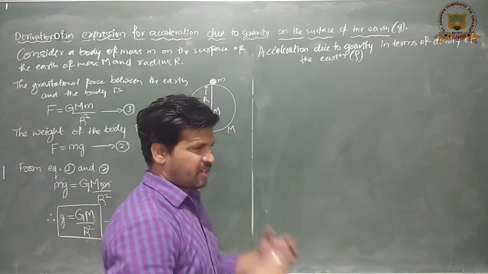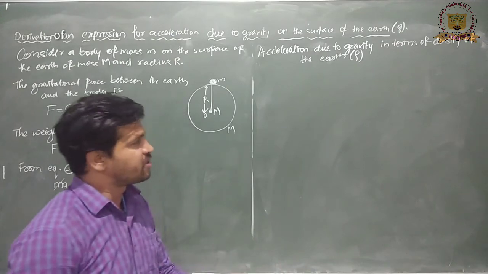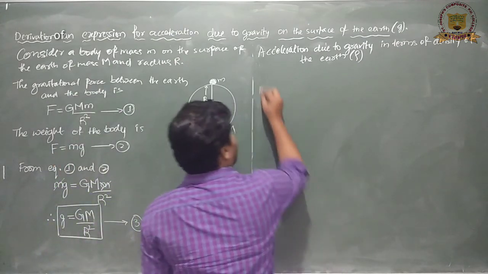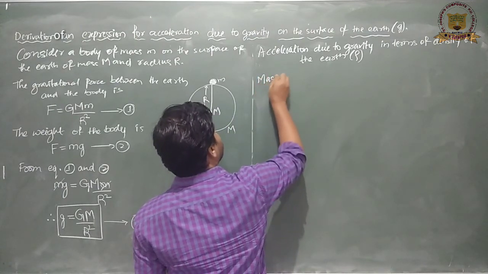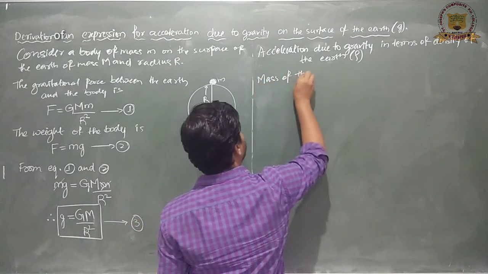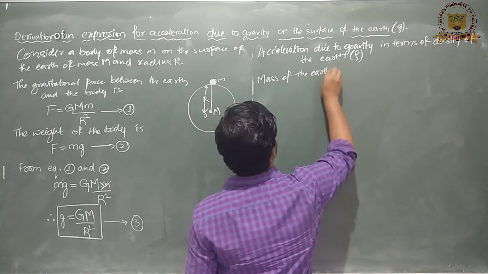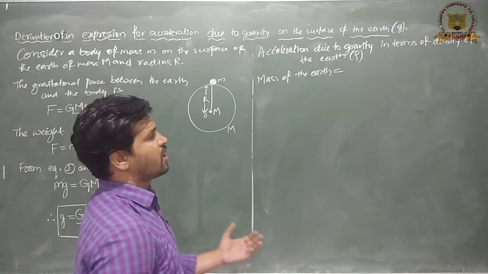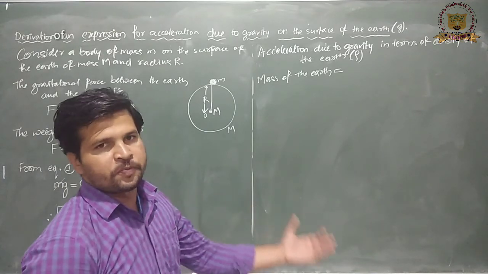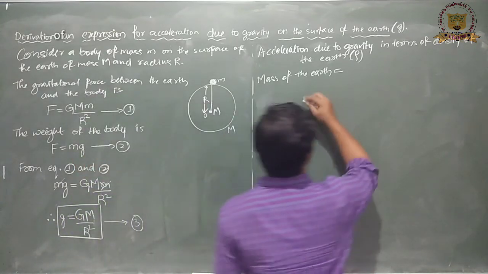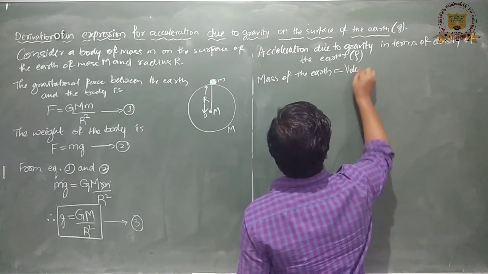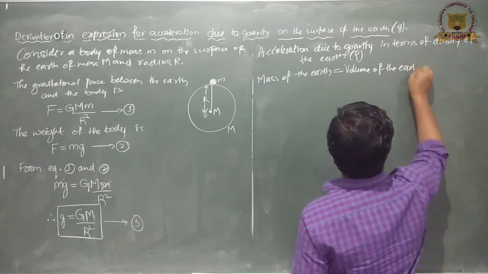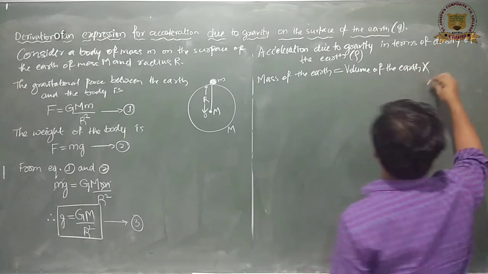You know the formula for density: density equals mass by volume, and using that formula, mass equals volume into density. So the mass of the earth is equal to the volume of the earth into the density of the earth.